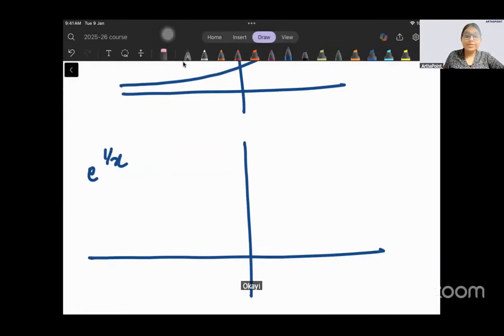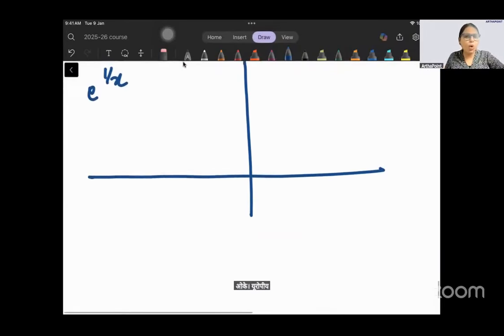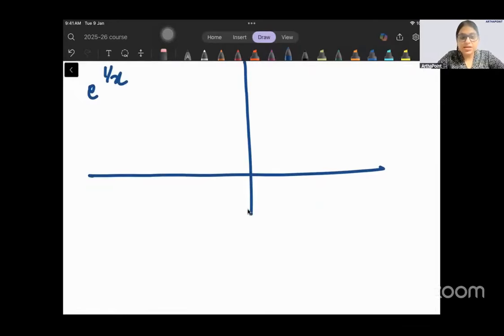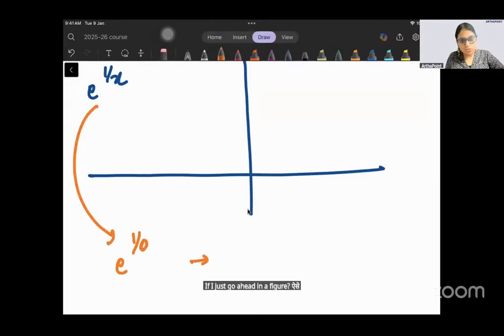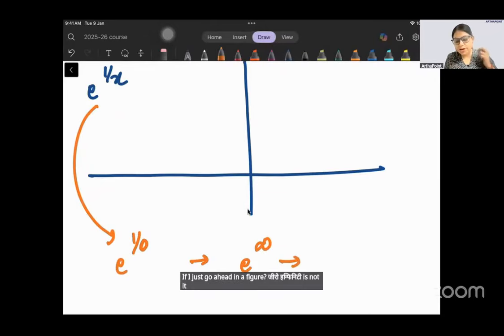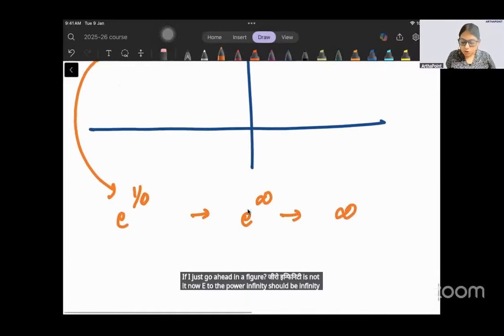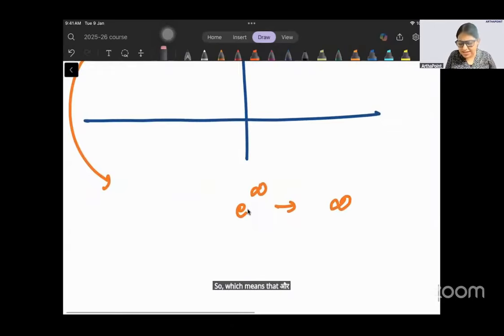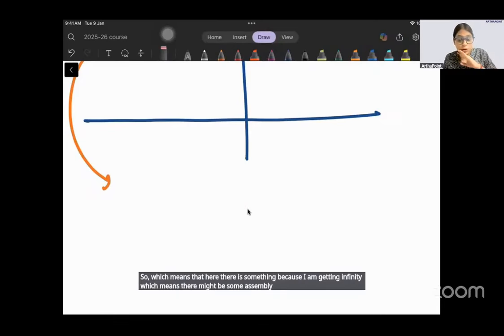Okay. So to plot the function e to the power 1 by x, just think about how this function will act at x equal to 0. If I put 0, anything by 0 is infinity, isn't it? Now e to the power infinity should be infinity. So there is something fishy because I'm getting infinity, which means there might be some asymptote. I have to think about it.